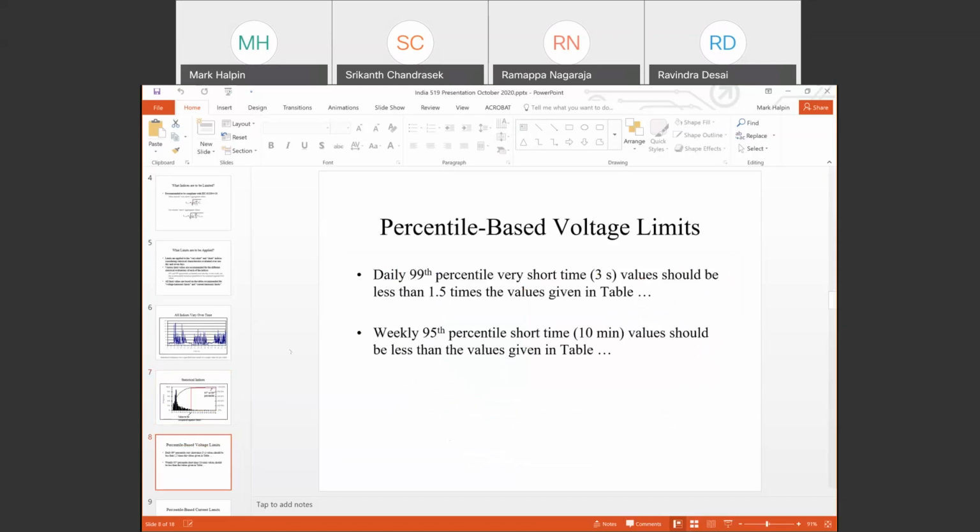As far as voltages are concerned, the actual recommended limits are as follows.